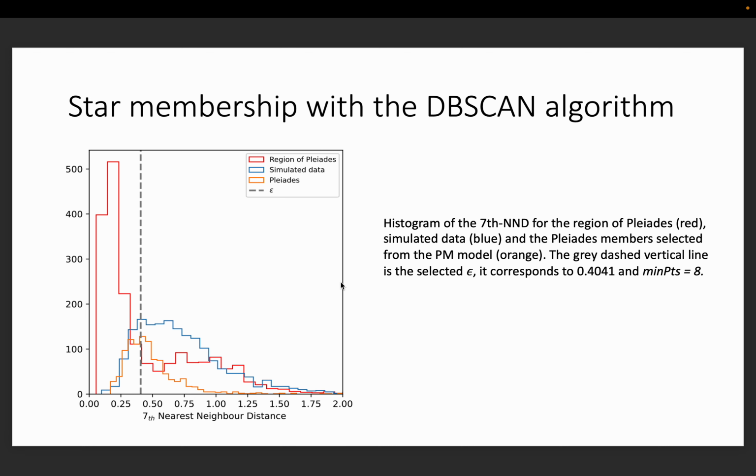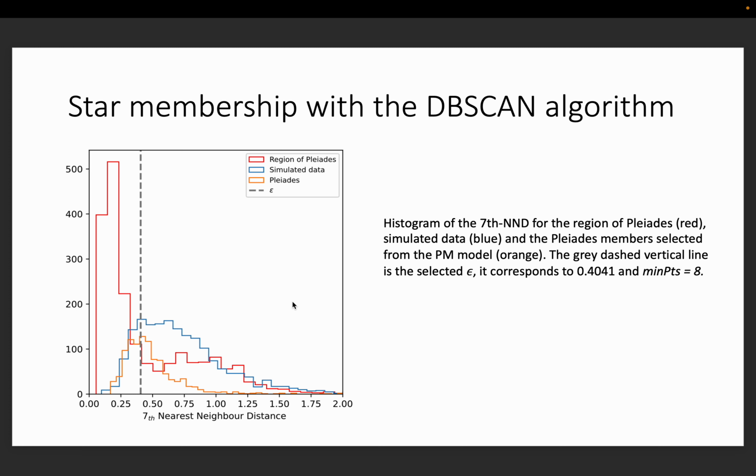Here is the histogram of how this sampling of nearest neighbor distance has been performed. In red, we see the region of Pleiades, the entire data set. The blue is the simulated data for one repetition; this was done for 30 repetitions.